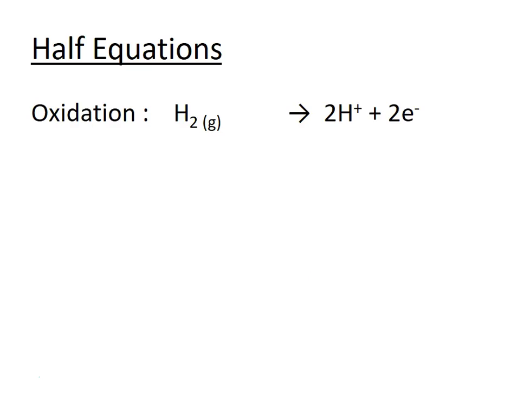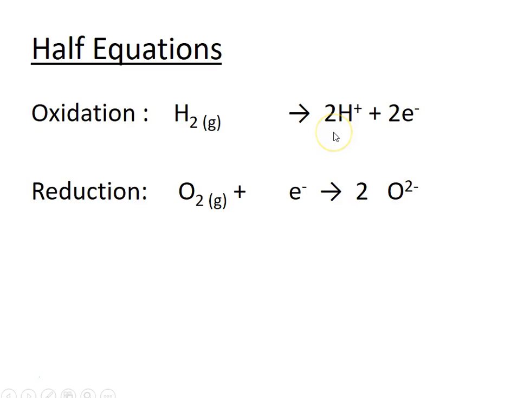So if we did half equations for that, we start off with H2 sharing electrons. When you write it, this is artificial. It doesn't become hydrogen ions, and the oxygen molecule doesn't actually get the electrons to become oxygen ions, but you can write it to show this. We're just doing this as an example.